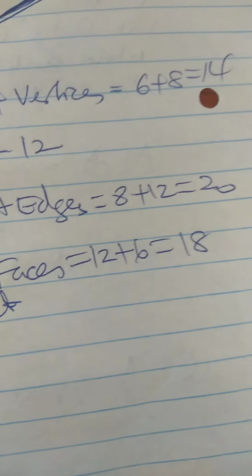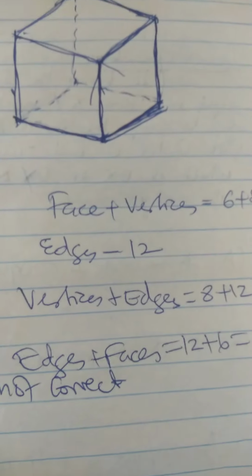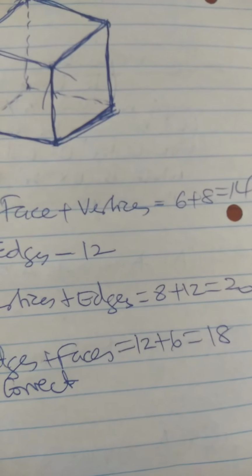Edges is 12, that is correct. Vertices plus edges is 20, that is correct. Edges plus faces is 18, that is correct. So the only incorrect answer there is A, because the faces and vertices are supposed to be 14, not 16.